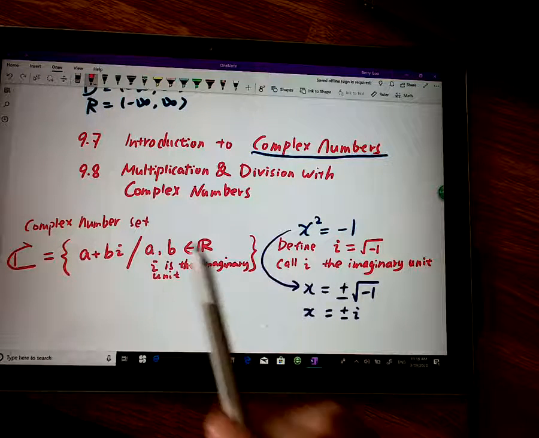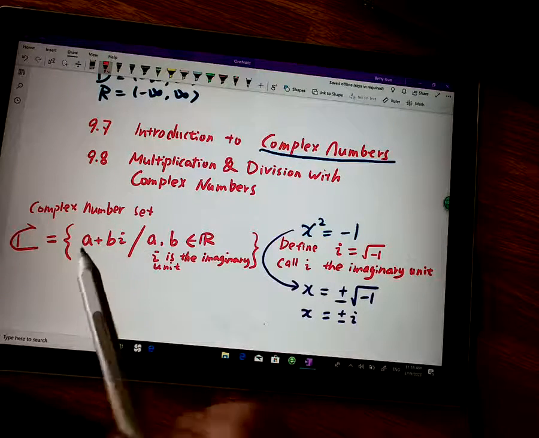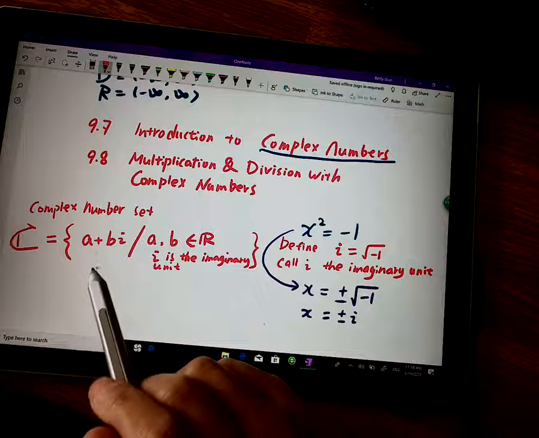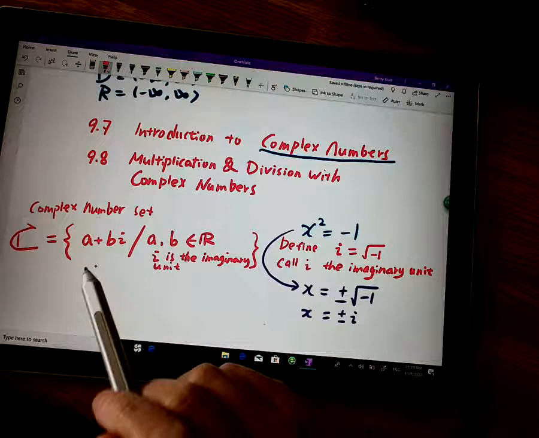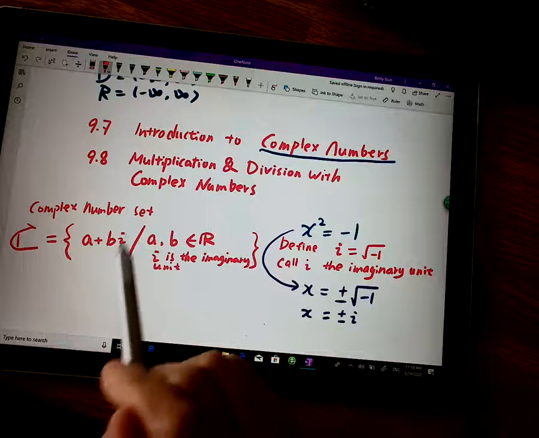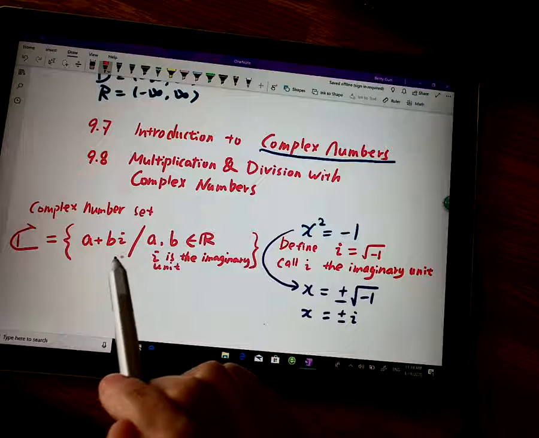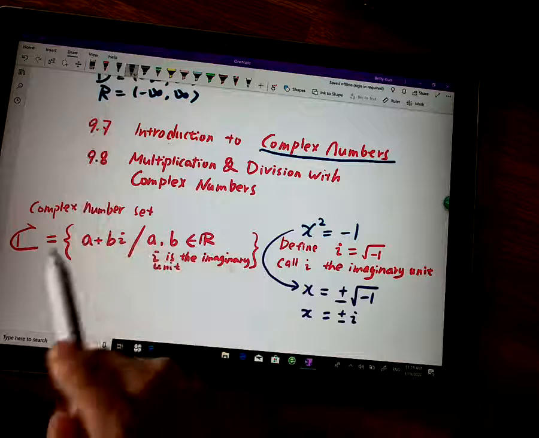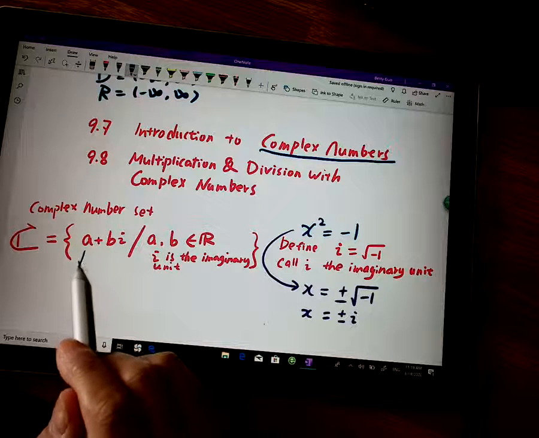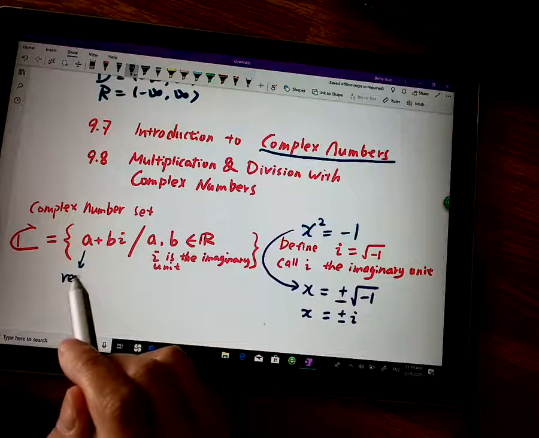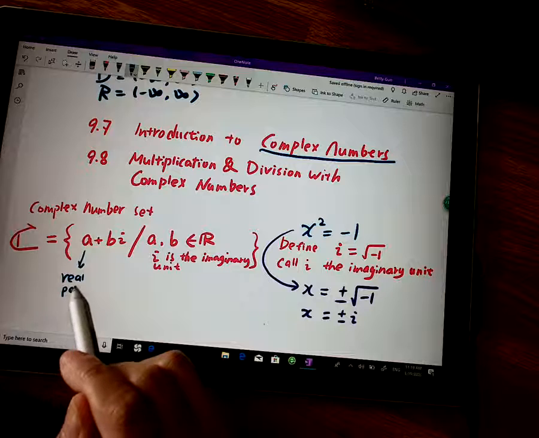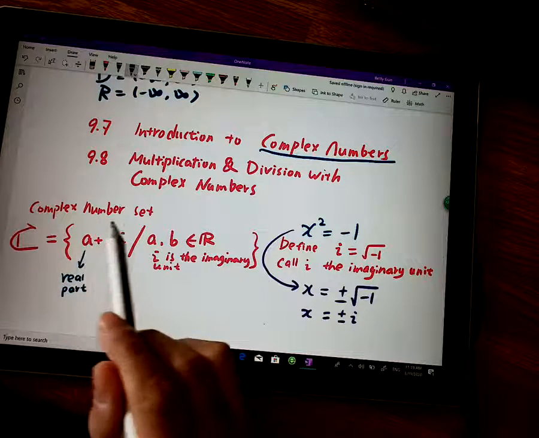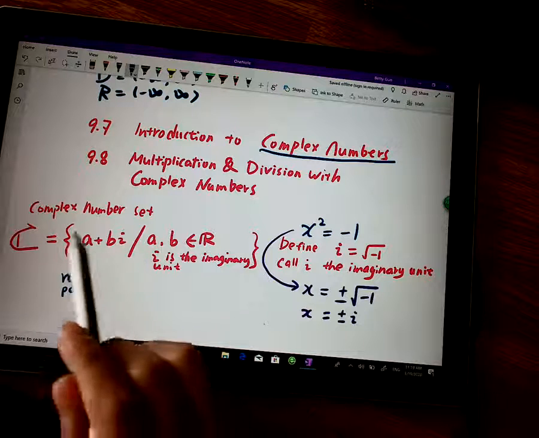Let me explain what this means. The complex number set is a set containing all the numbers which can be written in the form a plus bi. Let's look at a plus bi in detail. a here is called the real part of this complex number.